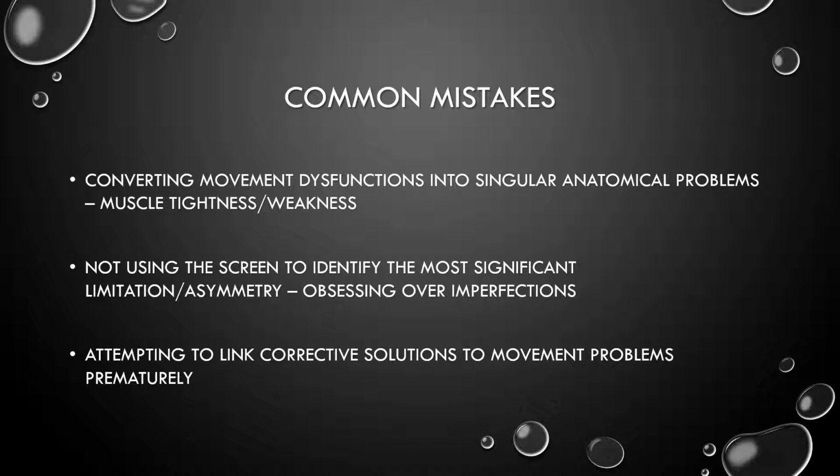So our first goal is always to build competency in performing the screen to make sure that we provide consistent and reliable data. Outside of the logistical part of performing the screen, however, it's also important to understand some of the more common mistakes that can be made when we're trying to interpret what's going on.